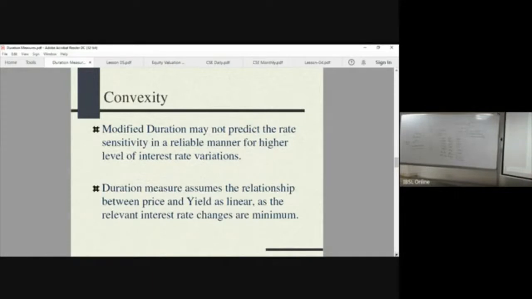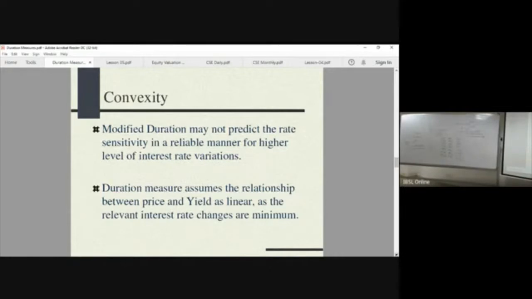Curvature is high, and we may not be in a position to rely on the duration measure for bigger interest rate changes. That is the meaning we get from this. If the convexity came as a lower figure, we don't need to worry about the duration. The duration measure will be accurate.